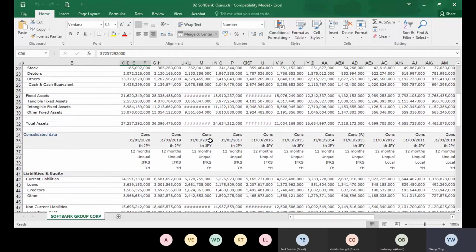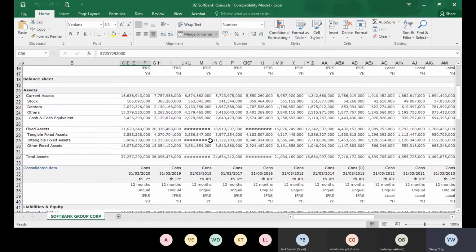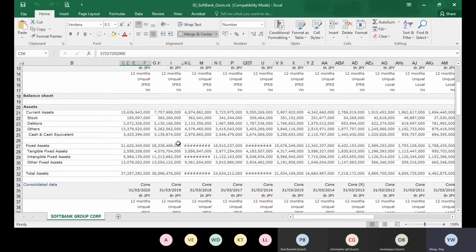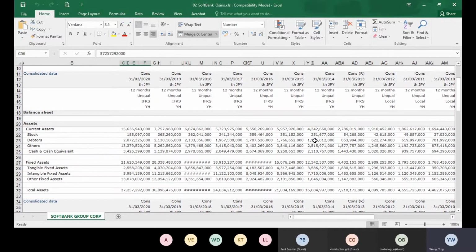So if you want to do a horizontal analysis or trend analysis, let's say you take 2015, and let's focus on current asset for now, just as an illustration. If you look at 2015 current asset and 2016, what is the change? So you will find the change for these two numbers. If it is 2017, what is the change?